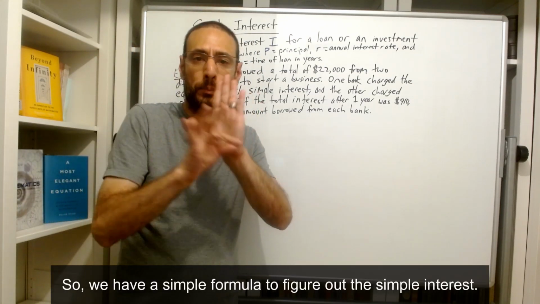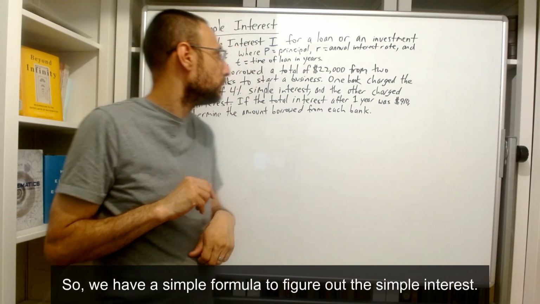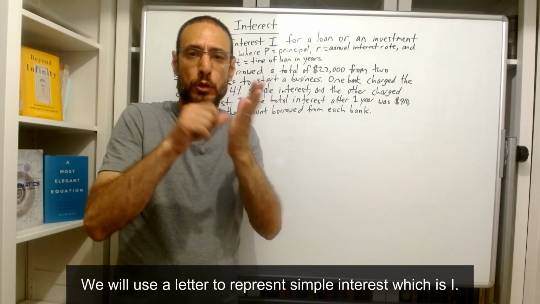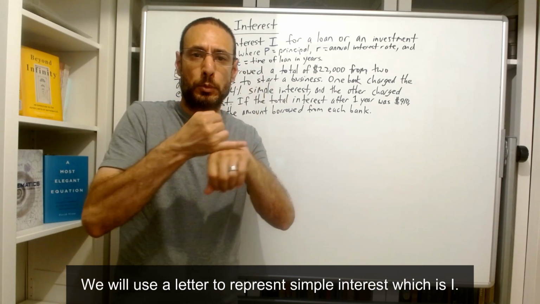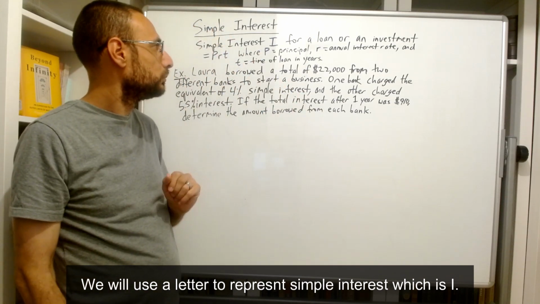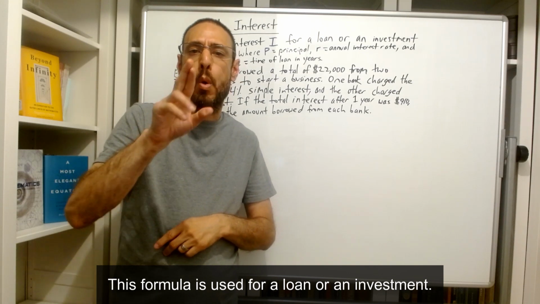So, we have a simple formula to figure out the simple interest. We will use a letter to represent simple interest, which is I. This formula is used for a loan or an investment.